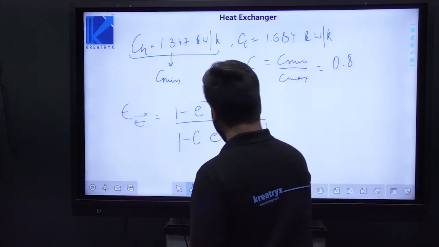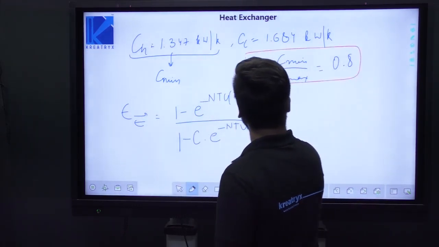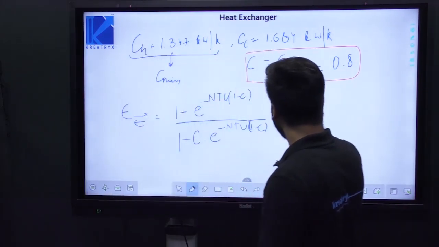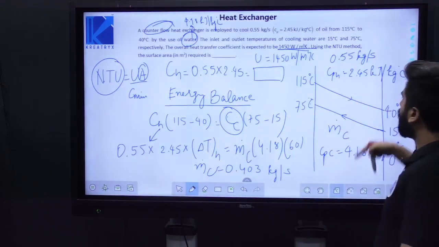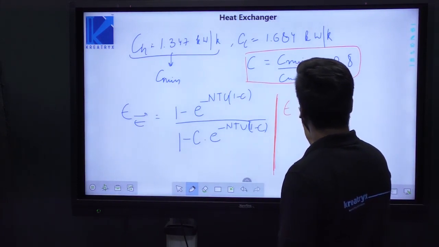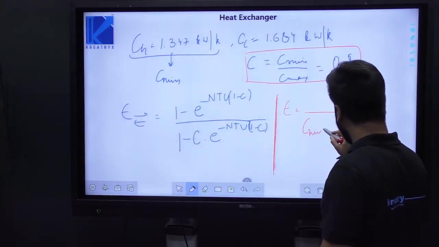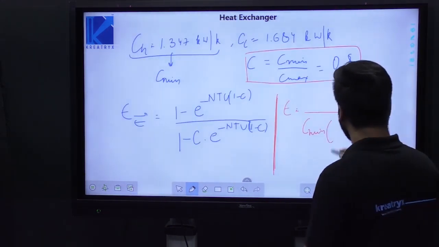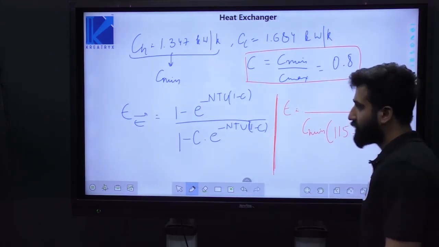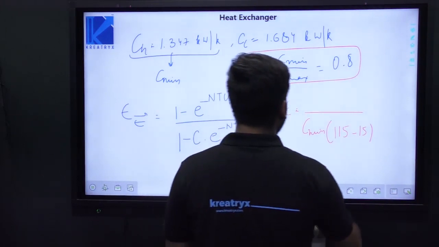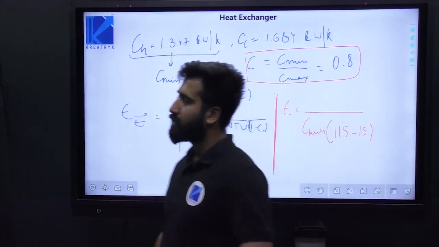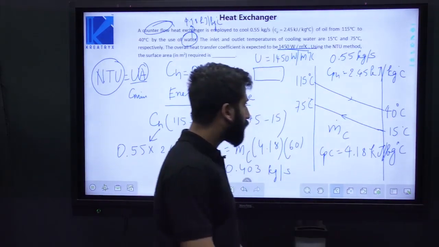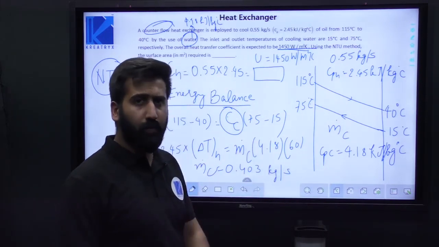So this c is 0.8, and NTU you have to find out, and this effectiveness also you have to find out. Effectiveness we can find out from this data. Effectiveness is C minimum into (THI minus THO) upon C minimum into (THI minus TCI). THI 115, TCI 15, so 115 minus 15, that is 100. In the numerator, you can write the term heat lost by the hot fluid, or the term heat gained by the cold fluid, whatever you can write.